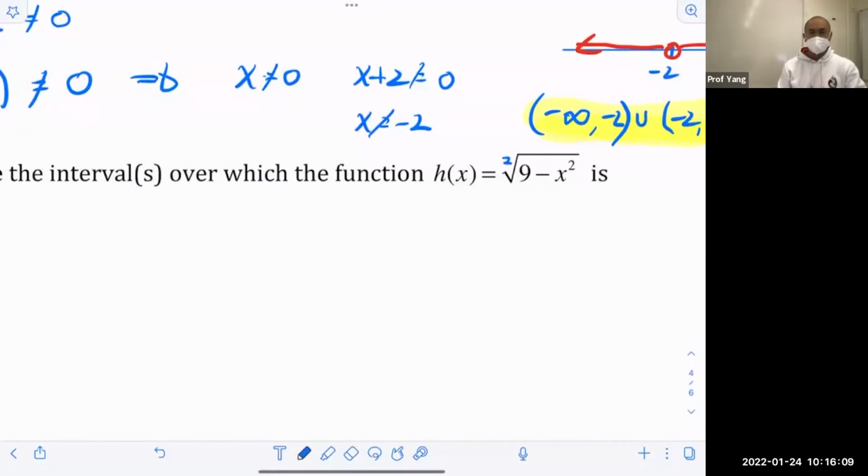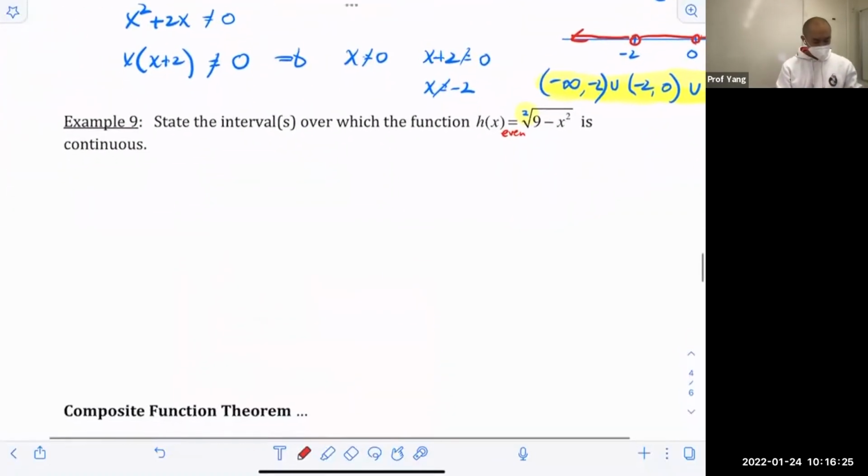Don't put the 2 in, but the 2 is implied there. And the key thing is that this 2 is even. When the index is even, that's when you worry about having a negative under there.